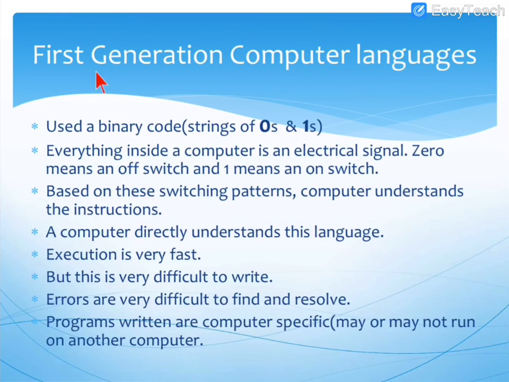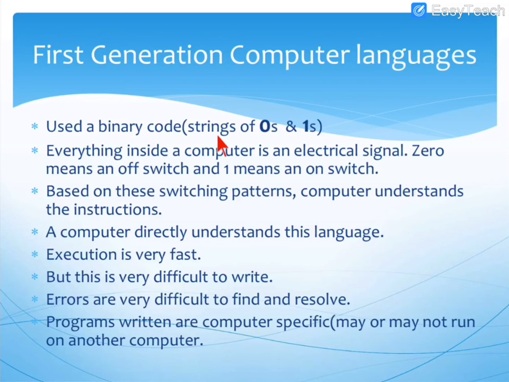Now the first generation computer languages use binary codes, strings of zeros and ones. Binary code is a kind of number system which only has 0 and 1. I already told you that everything inside of a computer is an electric signal.